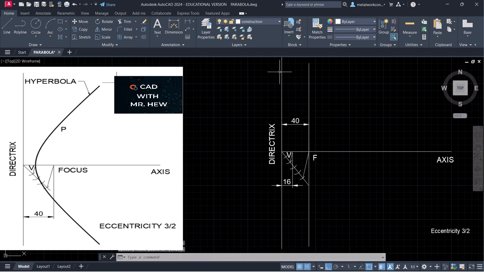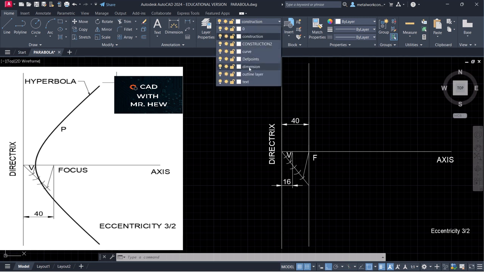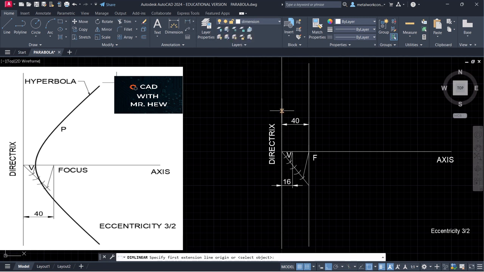So we're going to draw a line, 40 millimeters coming down, a construction line. So let us write the information there. We're going to go dimension. We're going to enter this distance here, which is 60.